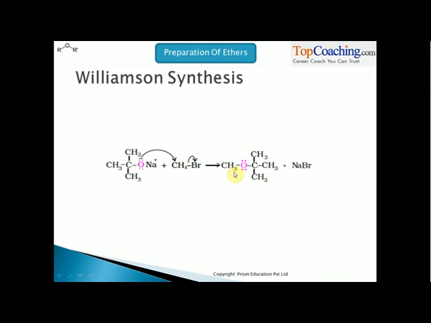And this is nothing but our ether. Simple reaction, right? Basically, the lone pair of electrons on oxygen makes it react with the methyl over here, and bromide gets a negative charge because this bond breaks, and it attracts the positive sodium ion.